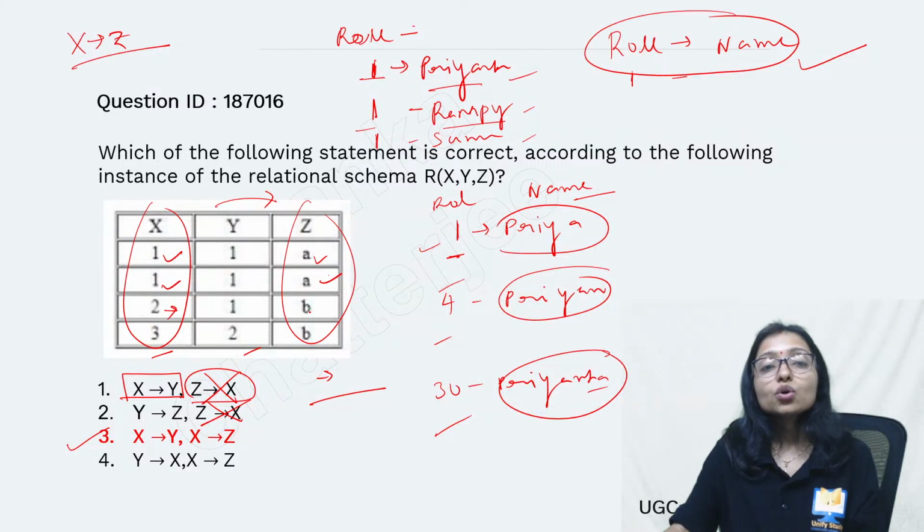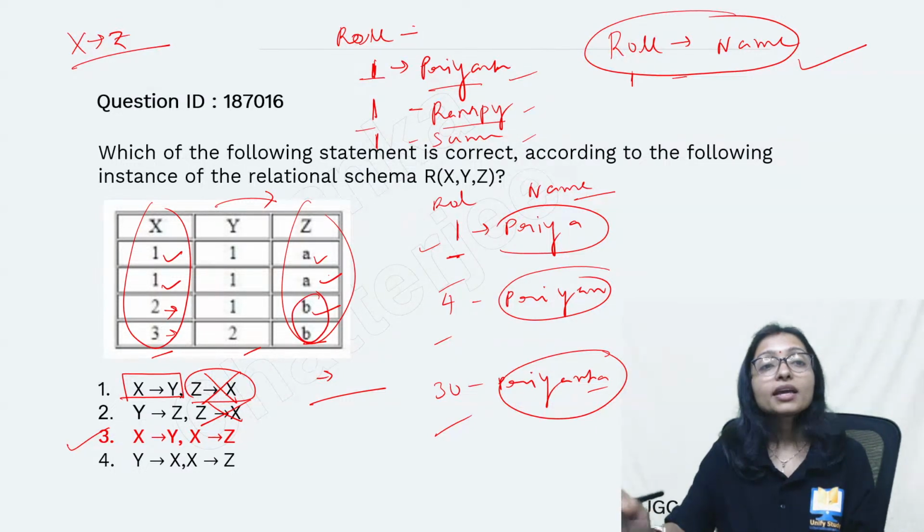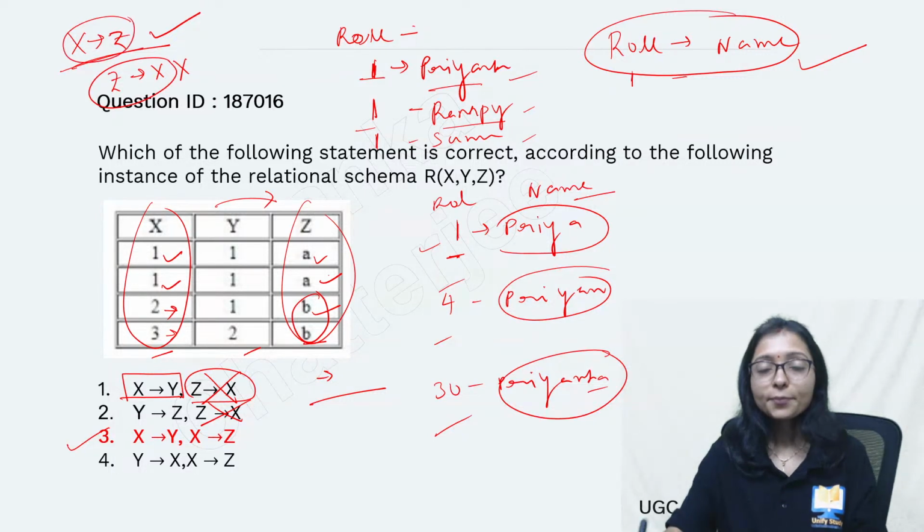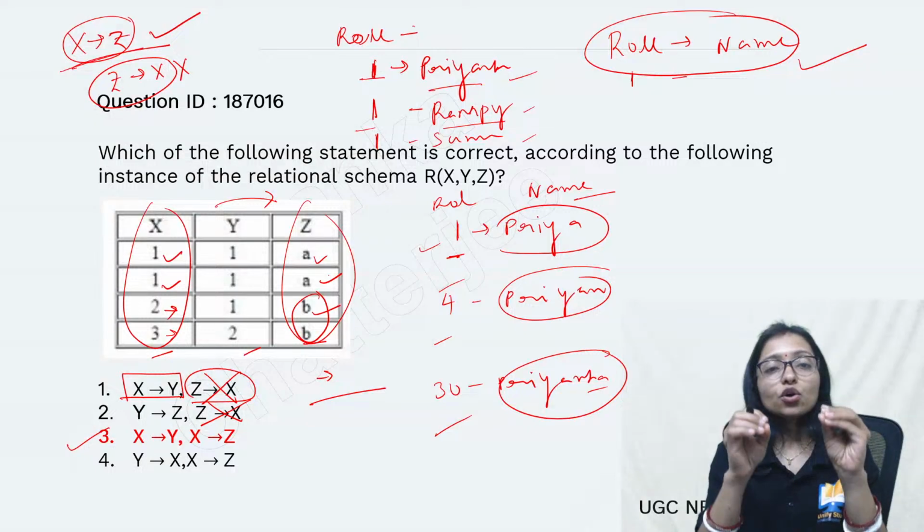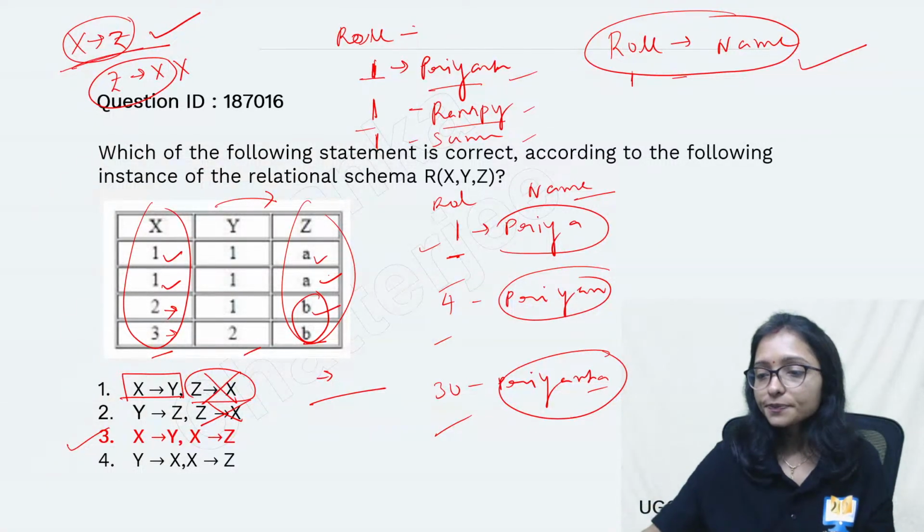Roll number 2 name is B. Roll number 3 name is B. That is possible. In one class multiple Priyankas are possible. That's why here X implies Z is correct, but Z implies X is not correct. I took this example so that your understanding should be clear.